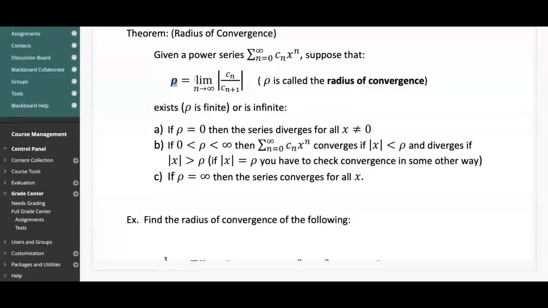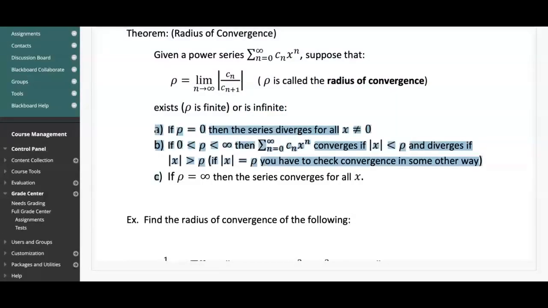Instead of talking about the limit of n goes to infinity of the absolute value of Cn over Cn plus 1 every time, you could just say rho, the radius of convergence. Okay, suppose this rho exists, or is infinite.